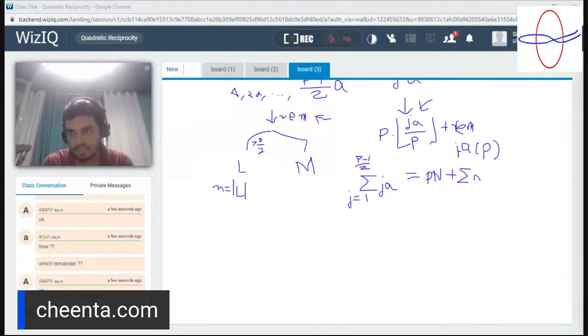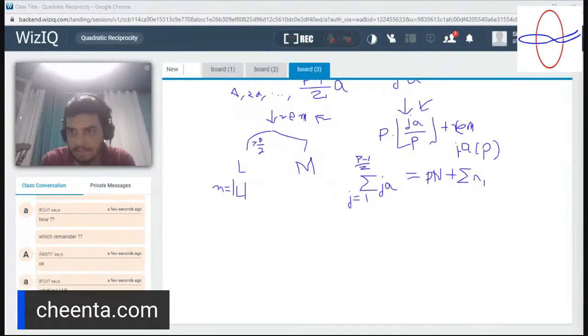Again, if you have an issue with this, li and mi are just the elements of the sets capital L and capital M, which are visible here.